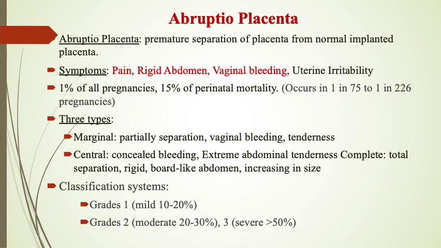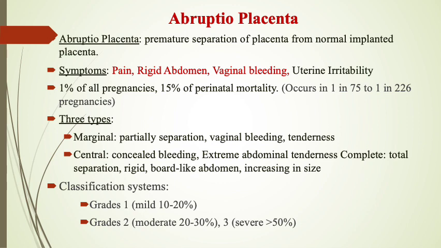Usually after fertilization and implantation, the placenta develops and then attaches itself to the uterine wall. After delivery, the placenta naturally will separate. However, in abruptio placenta, the placenta prematurely separates.